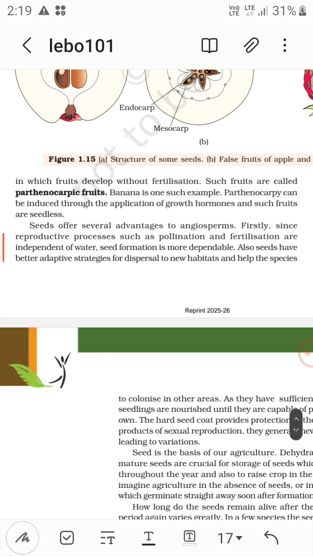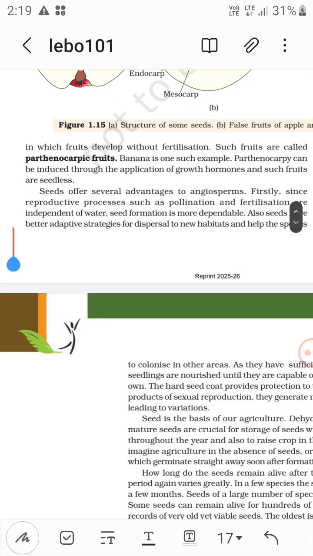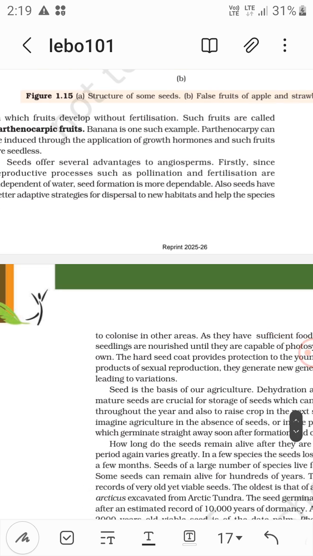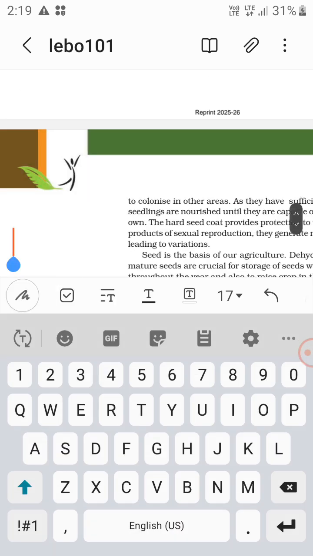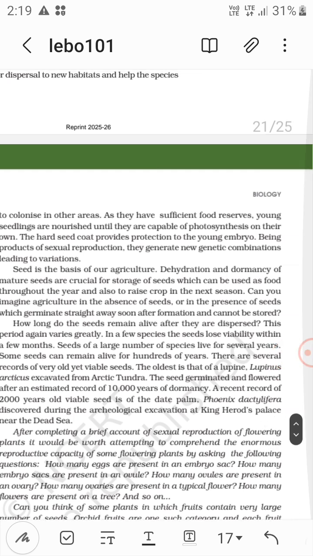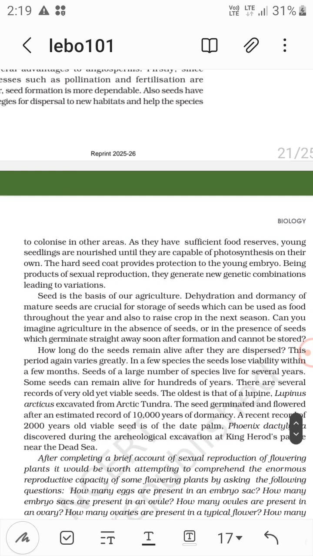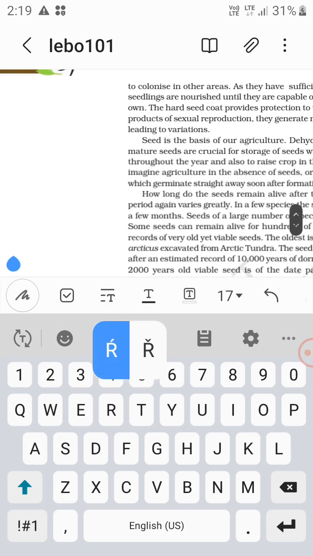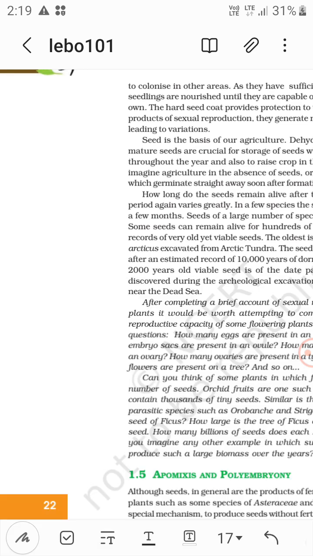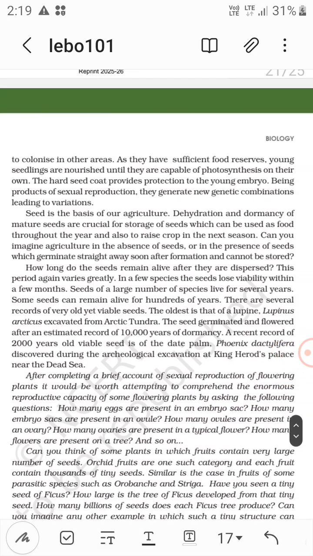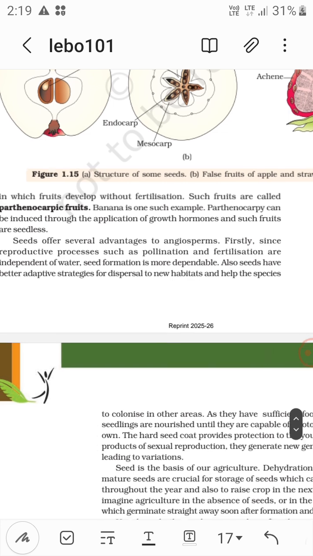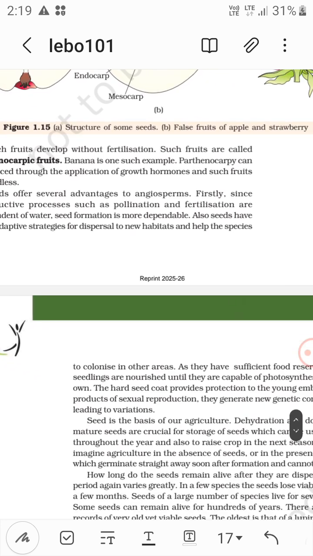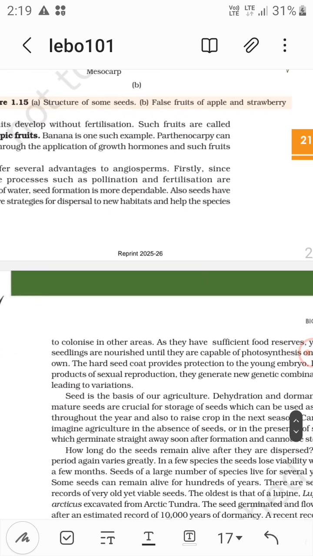Also, seeds have a better adaptive strategy for dispersal to new habitats and help the species to colonize other areas.